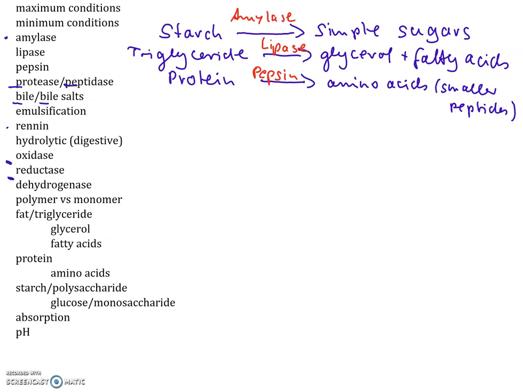So if we are oxidizing something, it doesn't necessarily mean that we're adding oxygen. It just usually means that we are removing hydrogen. So there are two definitions for oxidation. One would be to add oxygen, and the other one would be to remove hydrogen. In this case, we're removing hydrogen. Reductase is the opposite. We're adding hydrogen to something or, conversely, removing oxygen.